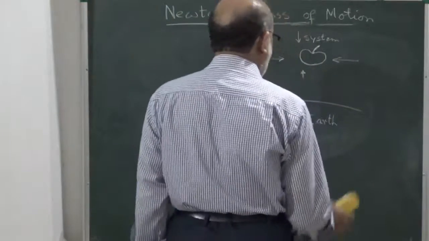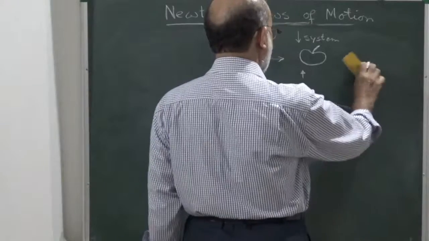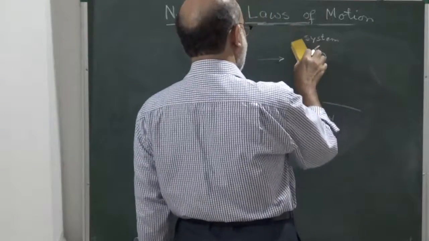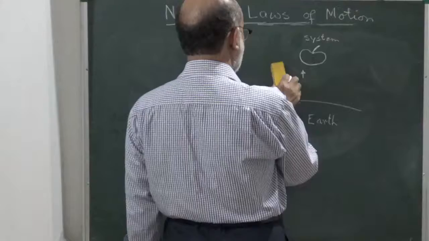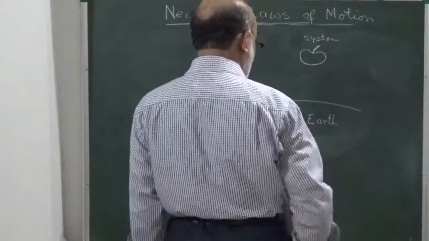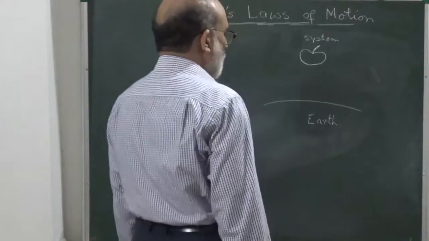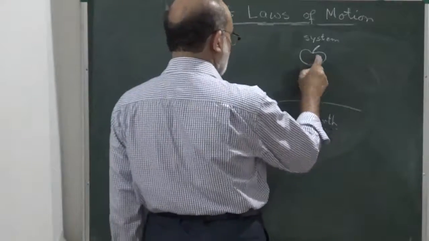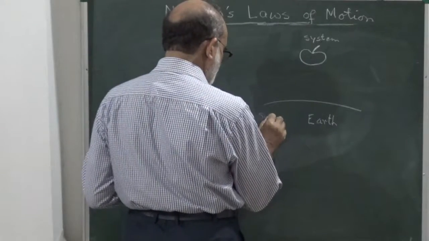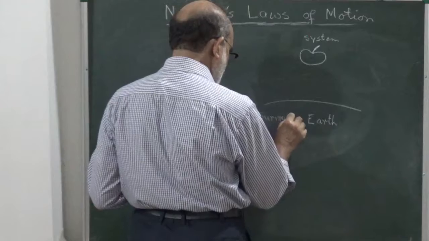So at present I am ignoring the air pressure and all other objects. Suppose it is only the earth and the apple. If this is the system, the earth is its surroundings.